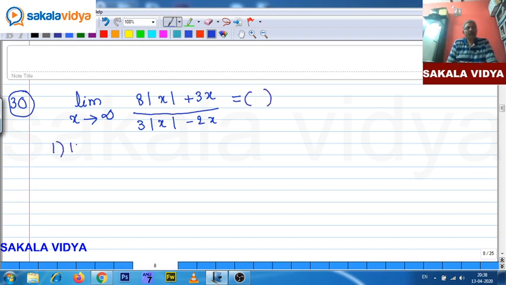First option is 11, second option is 8, third option is 0, fourth option is 1 by 8. This is the question.